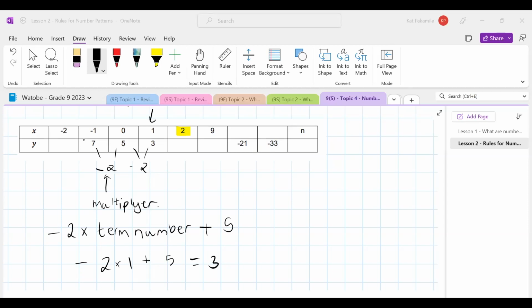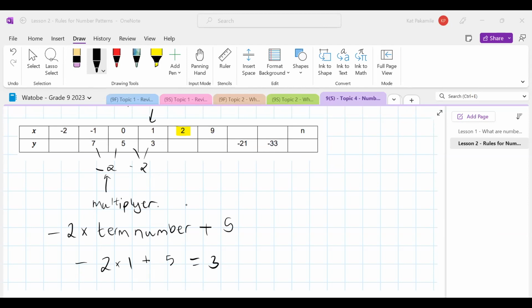But guys, if our input in this case is -2, what will our output be? So that means we're going to have a -2, which is the multiplier. Don't confuse these two. Times your input, -2, plus 5.